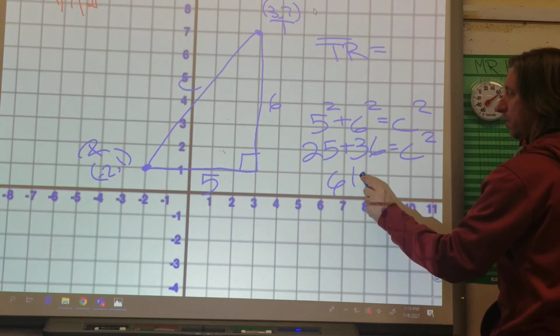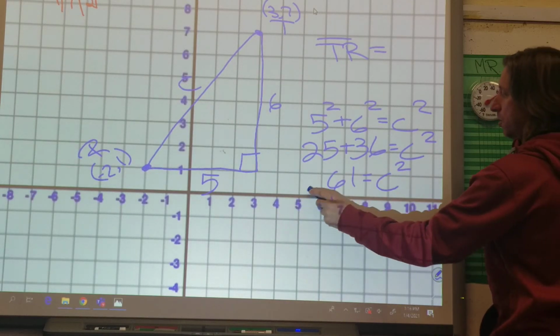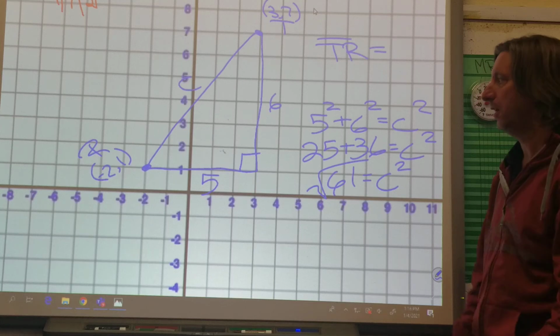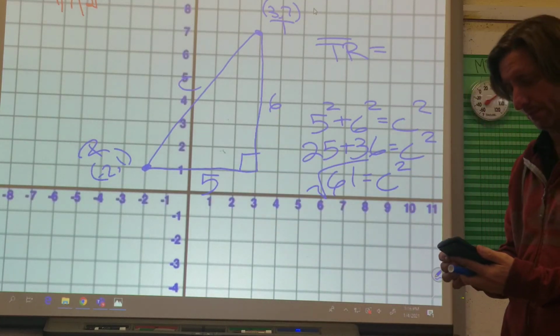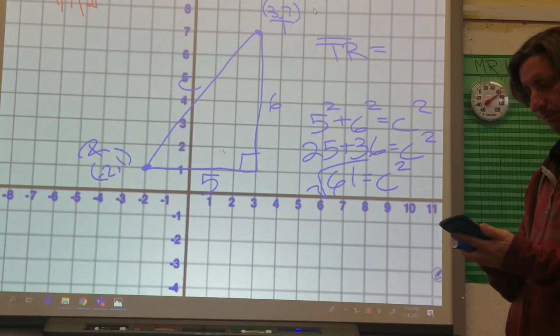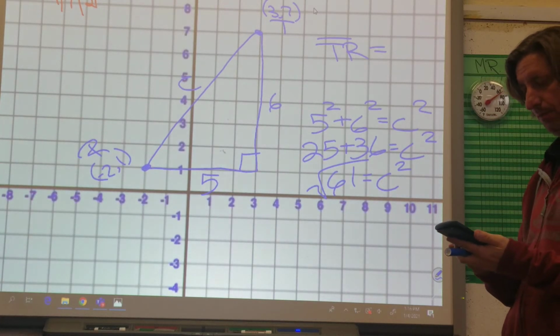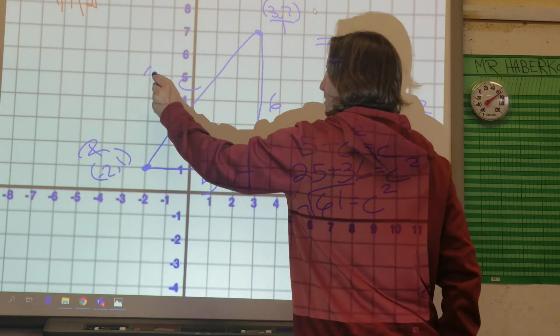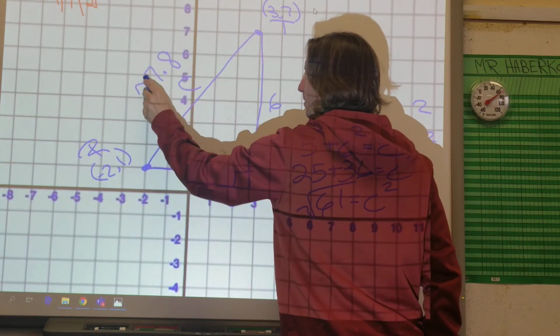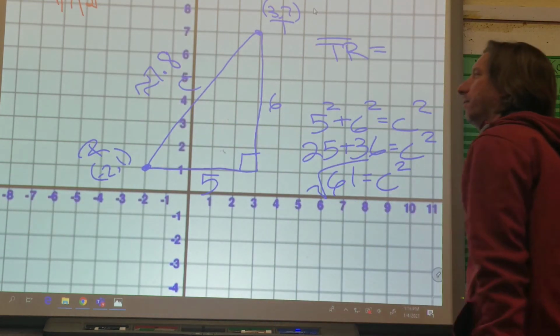That's 61. So it's the square root of 61, right? And it's going to be a little bit bigger than 5 and 6. So 7.8, and that's a little bit bigger. So that works, right? So it's approximately 7.8.